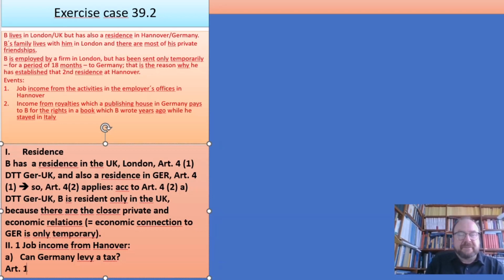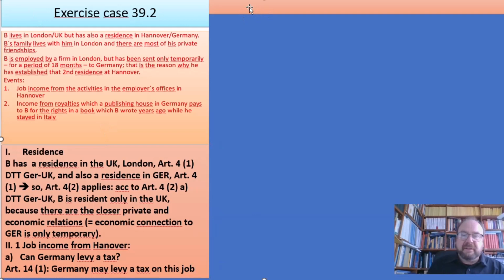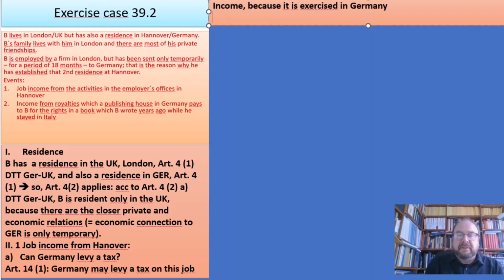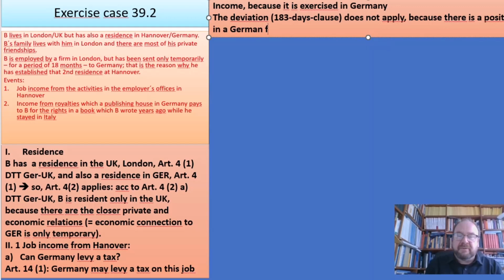So Article 14.1, Germany may levy tax on this job income because it is exercised in Germany. The 183 days clause does not apply because there is a position in a German firm.